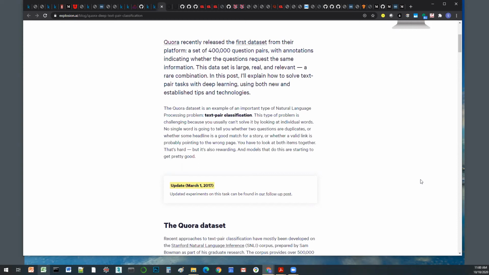So I'm going to take the mean, I'm also going to take the max, and let the network figure out which of these two is the better representation of that sentence. I'm going to do it for both sentences and have the network learn whether the two sentences convey the same meaning or not.